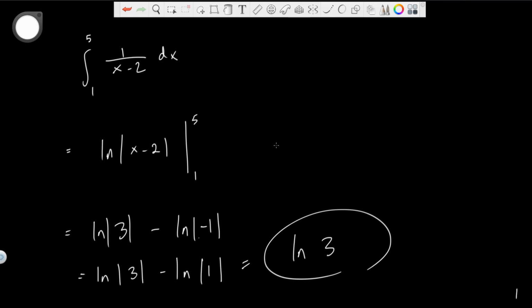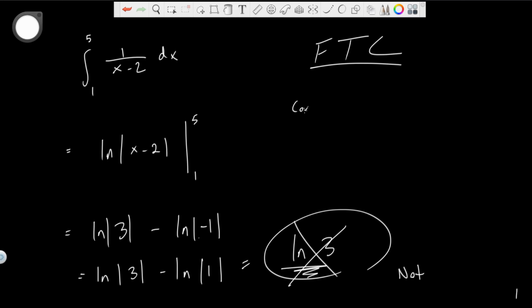Well, we have broken the fundamental theorem of calculus, and think about why. Why is this not the answer? The fundamental theorem of calculus, what permits us to anti-differentiate this, requires a condition.